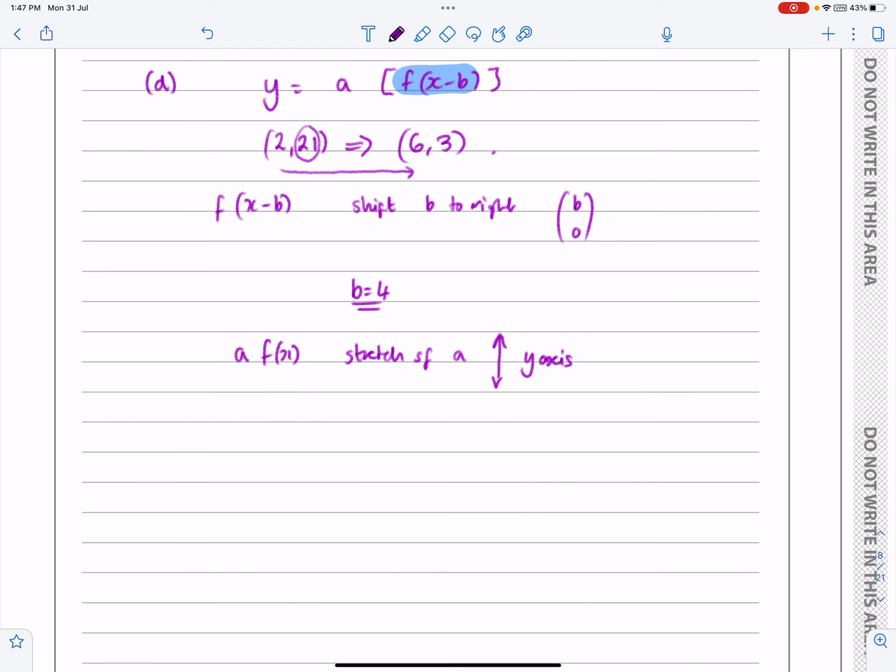So the 21, in effect, is being multiplied by something. But if it ends up at 3, then the thing it's being multiplied by is a fraction. Okay, 3 is 1/7 of 21. So that means, again, that a is going to be equal to a 7th here, because it's going to make it 7 times as small. It was 21 and it's now gone down to 3.